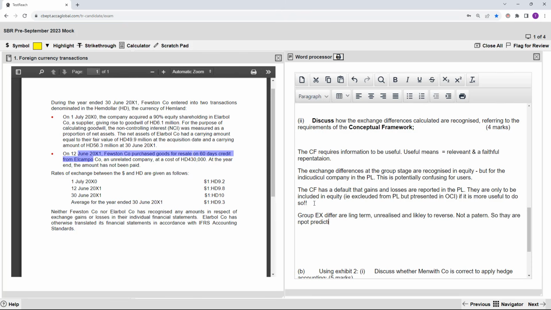They don't give a user, if a user looks and sees that an exchange loss has been made this year, it's not a guarantee that an exchange loss is going to be made next year. The exchange rate could bounce back up again. So exchange differences are long-term. They are unrealized. They are likely to reverse. There's not a pattern to them. They're not operating activities. So they are not predictive.